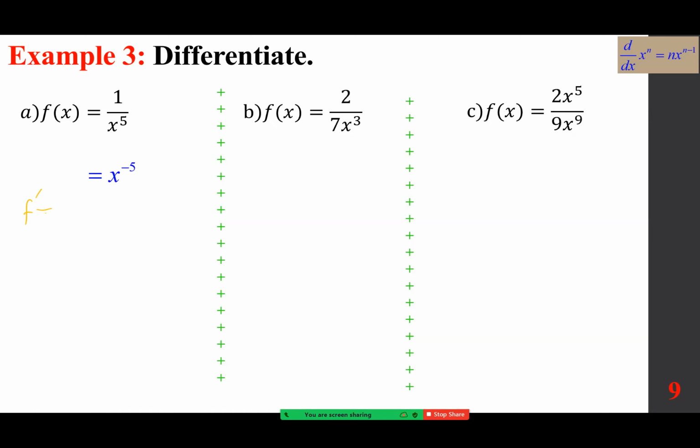Now I can use the power rule, -5, x to the power of -5 minus 1, which means -5 x to the power of -6. And we rewrite it properly. So notice, this is the only calculus step. Everything else, algebra. We're going to do the same thing to part B.